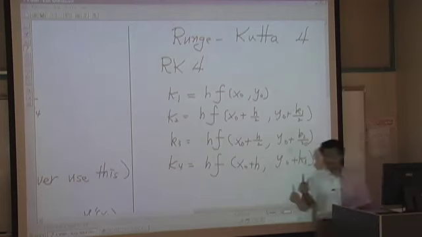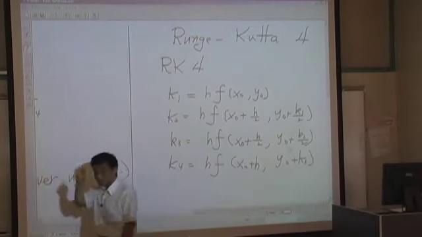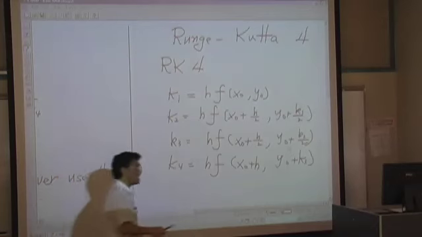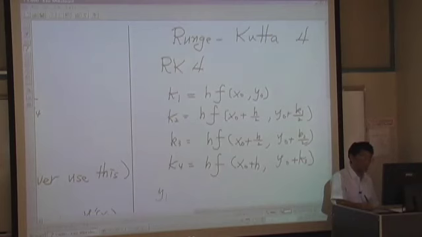After finding 4 different slopes, they average these. Not a straightforward average, but a weighted average. How? 1/6 of K1, plus 2 times K2, 2 times K3, and then K4.